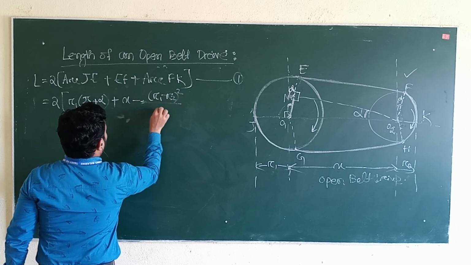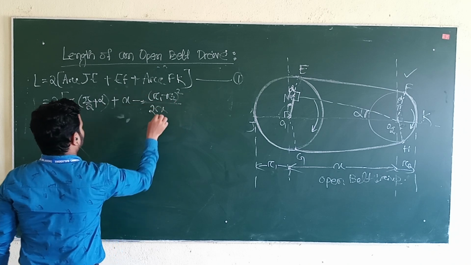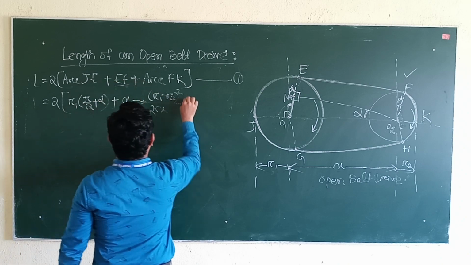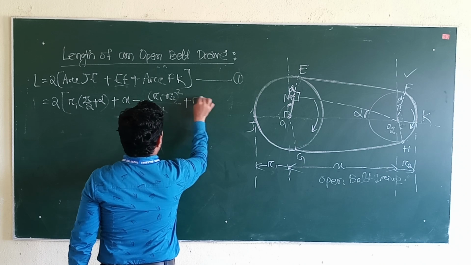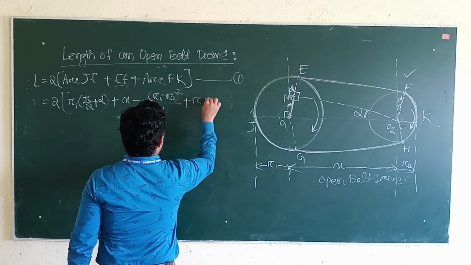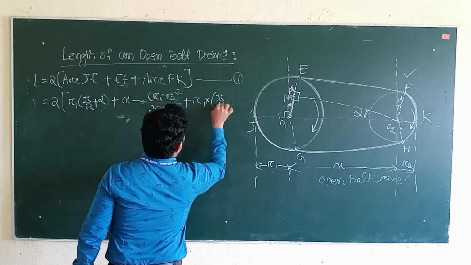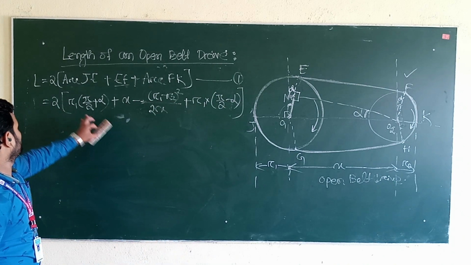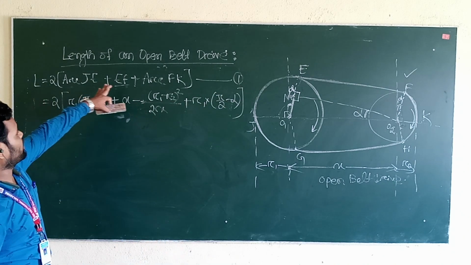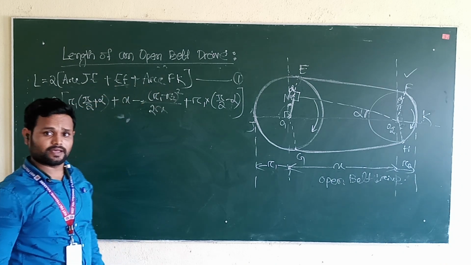Next, the value of RFK is R1 into pi by 2 minus alpha. So these are the values of RJE, EF and RFK.